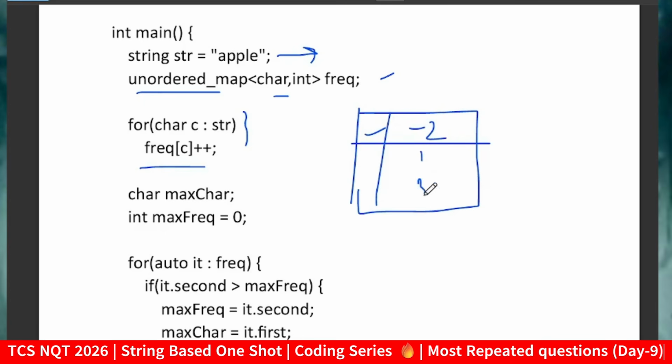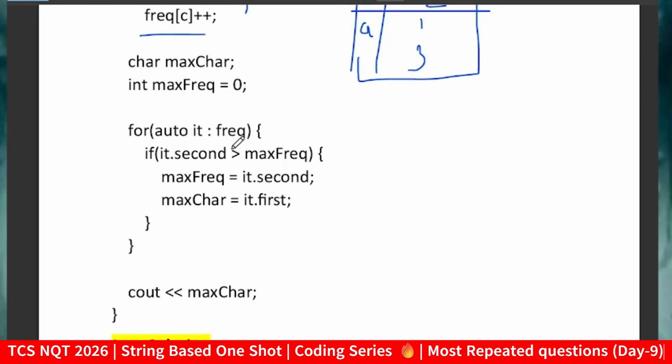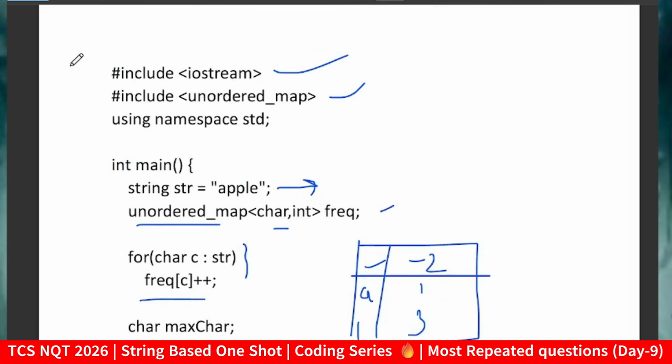Now for auto it in frequency, I traverse the map and check the frequency of each character. If it.second is greater than the maximum frequency, I update it: maximum frequency equals it.second and maximum character equals it.first. Then print the maximum character, which gives the maximum value.